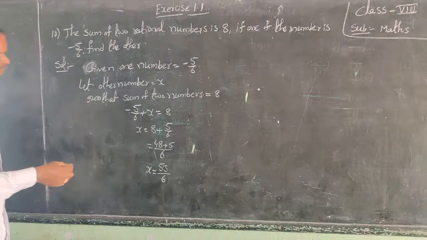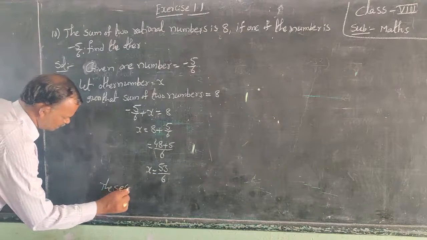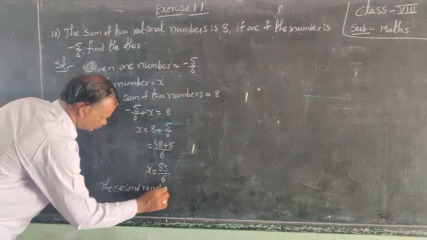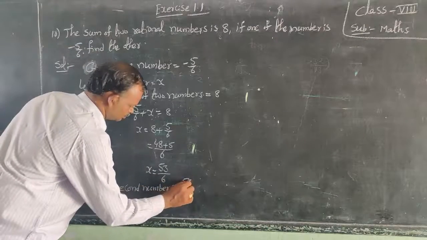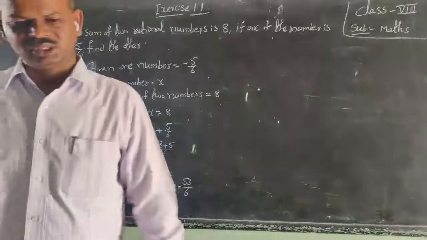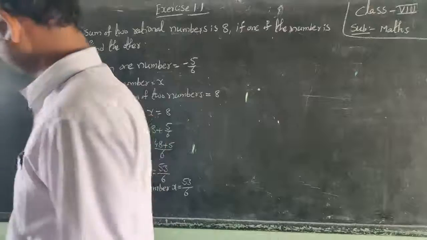Last step: the other number is equal to 53 by 6.